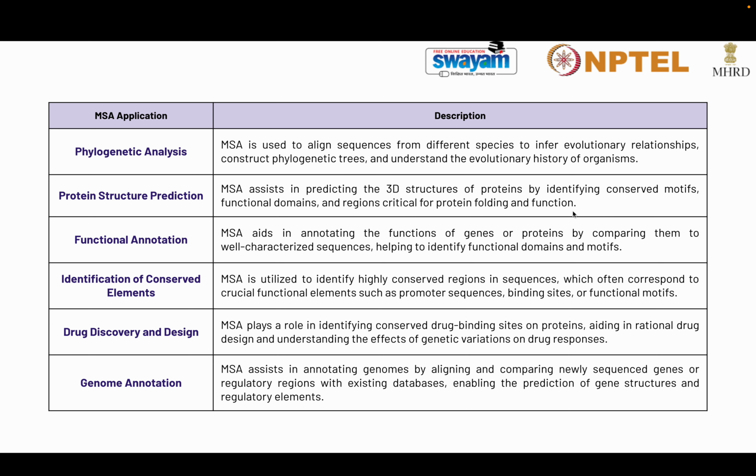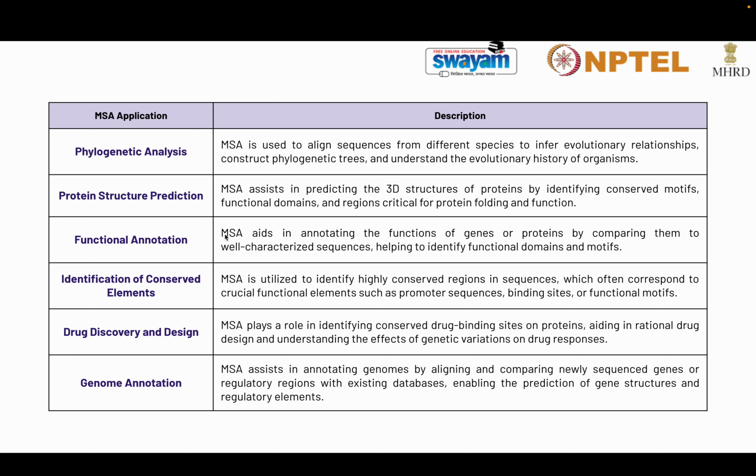So in that way, you can predict the structure of that particular region. For example, you have an unknown sequence and you want to predict the structure. You'll perform multiple sequence alignment, then you'll see to which part of the sequence of the known species it is aligning, and with that, you can predict the structure of that unknown region.